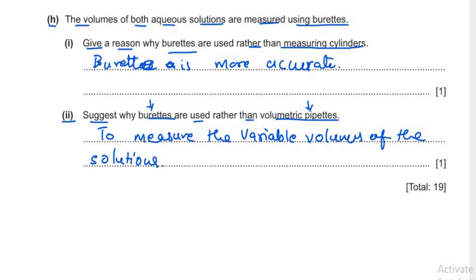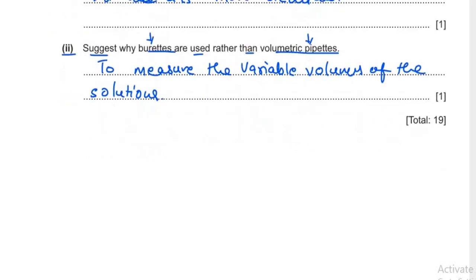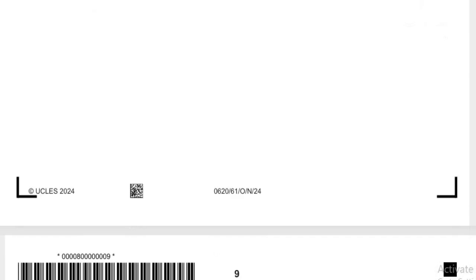Yes, so this is how we use burettes and not the measuring cylinder or the pipettes, and that's the advantage of burette. You can say that it's more accurate as well as it measures the variable volume.